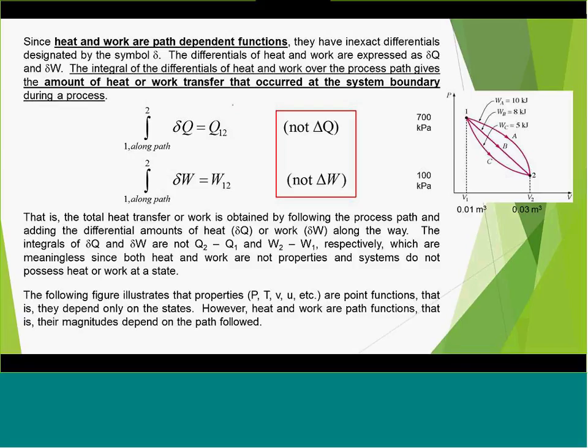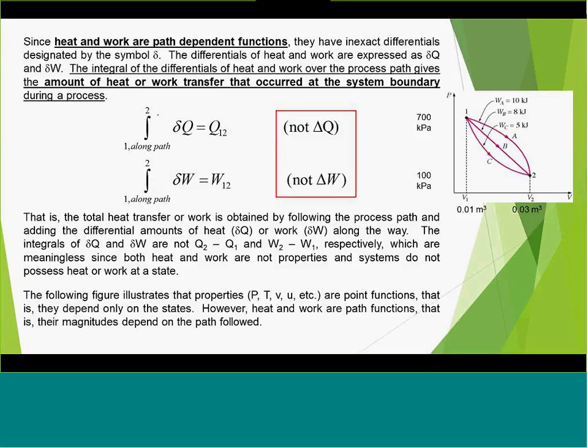Since heat and work are path dependent functions, you're going to have different amounts of heat and work along both paths.